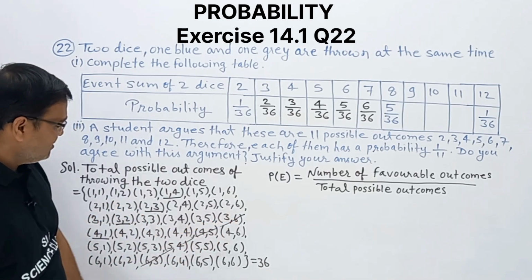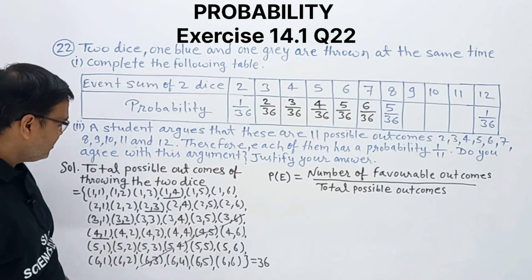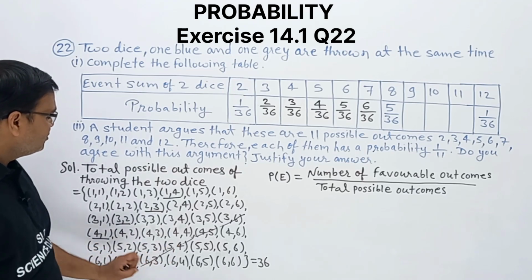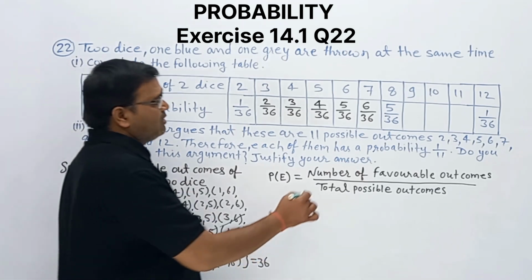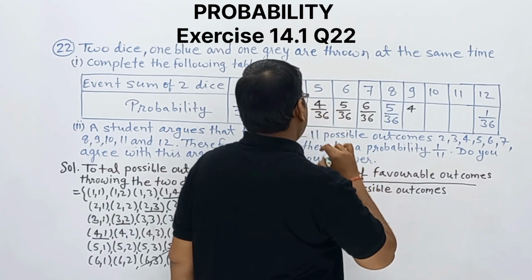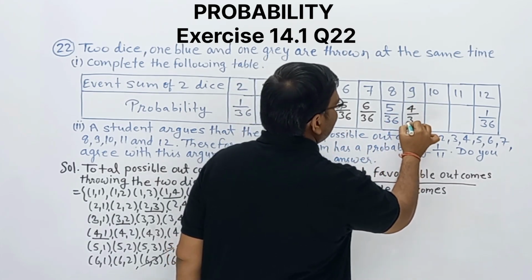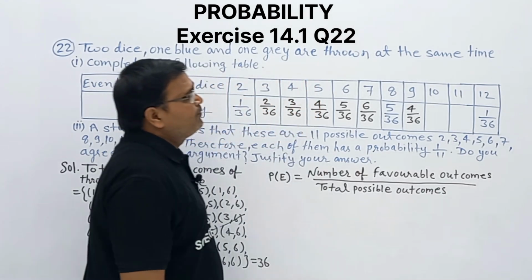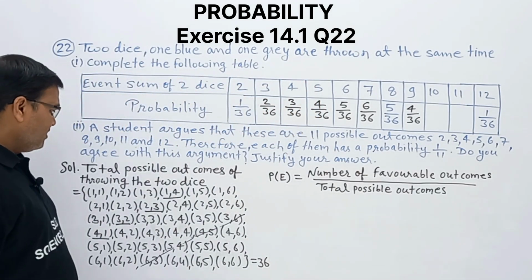That is 4 favorable outcomes. So the number of favorable outcomes for sum 9 is 4 divided by 36. Now what? Next one, sum of 2 dice 10.